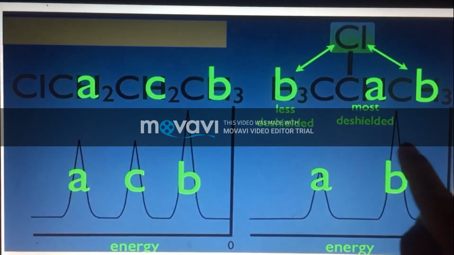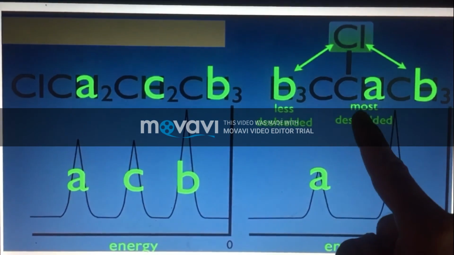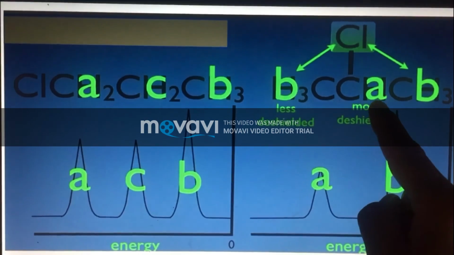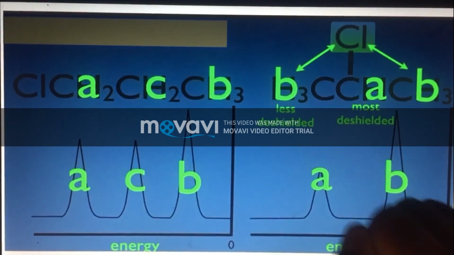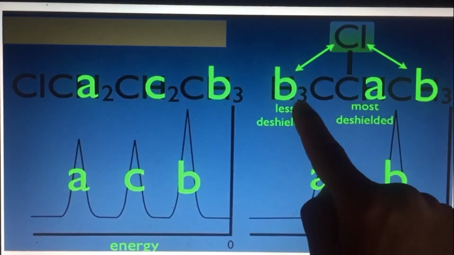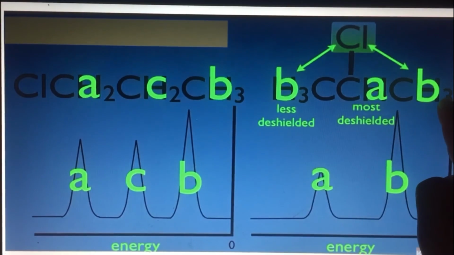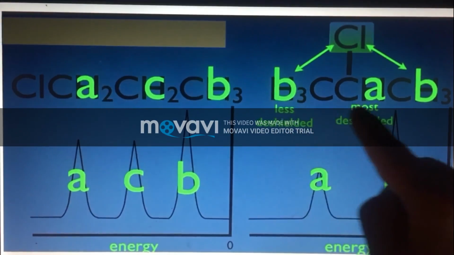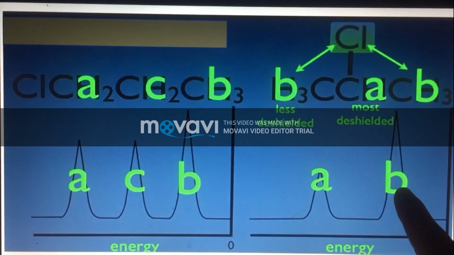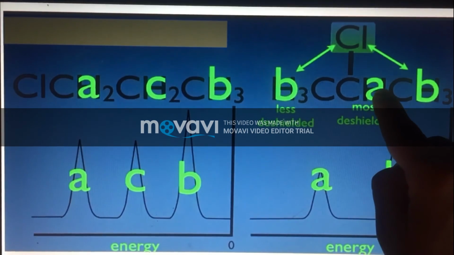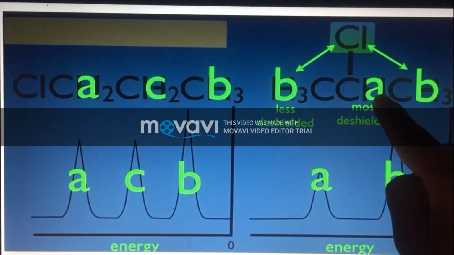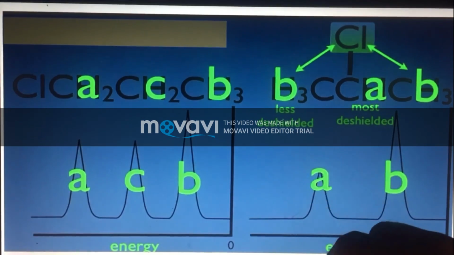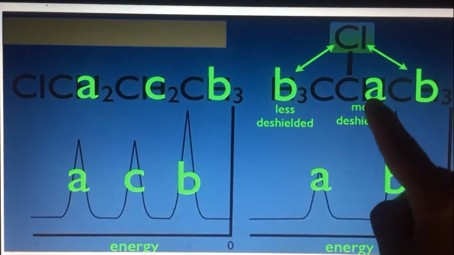Okay, but right here, if the structure is like this one, what will happen then? In this case, this hydrogen and this hydrogen are at the same distance. That's why the energy required for this one and this one is the same, B, and this one is closer by, so more energy is required because this is deshielded.